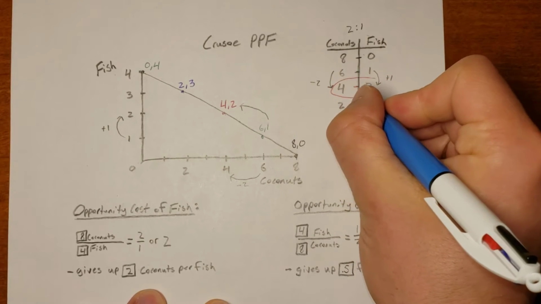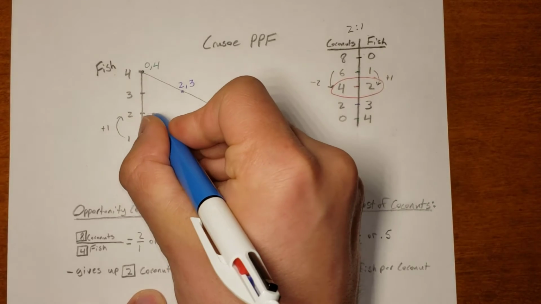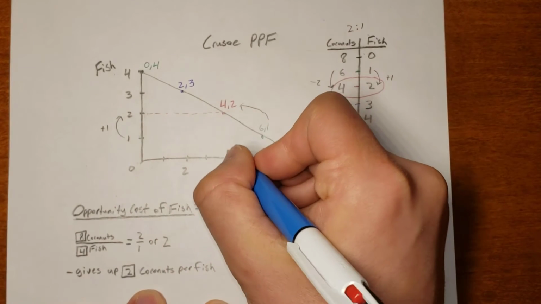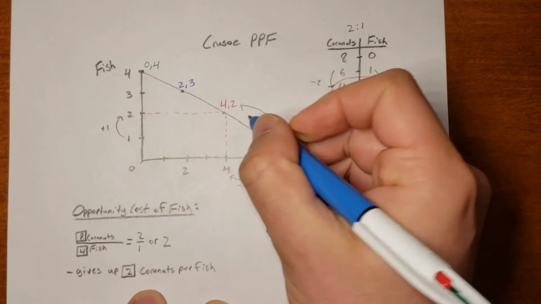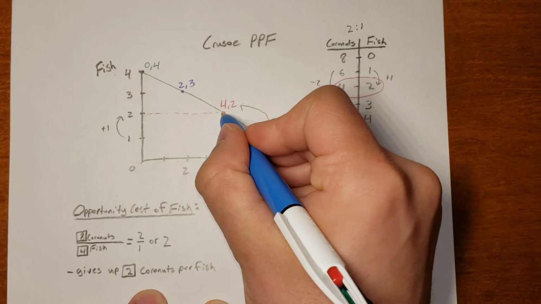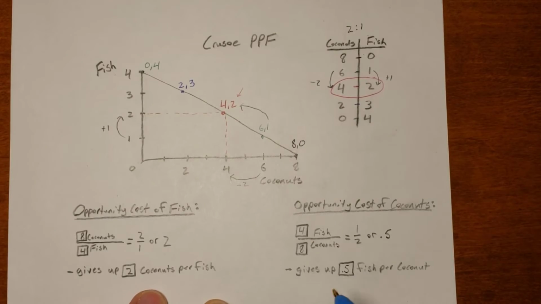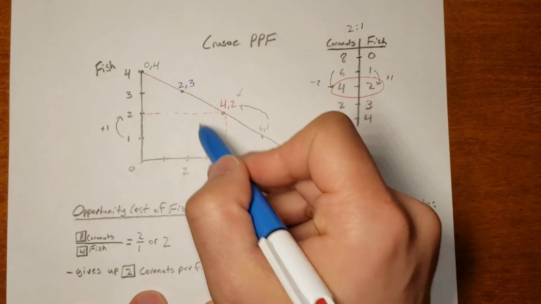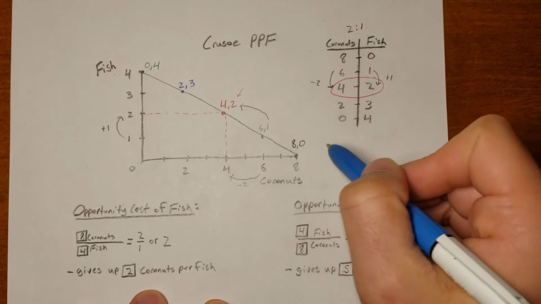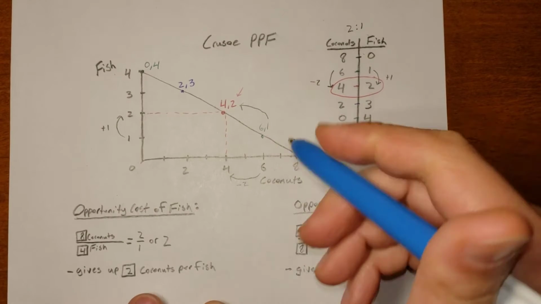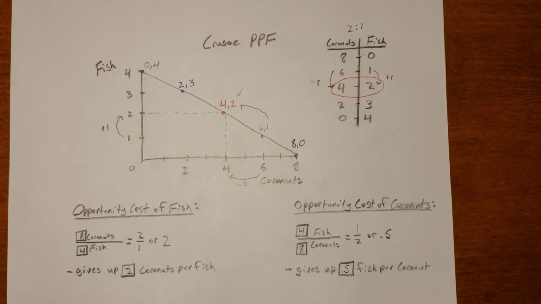Okay, he could produce there, and one might argue that he should produce there. And his production possibilities frontier might look like this. Maybe he wants to produce 1/2 and 1/2, but maybe not. Maybe he wants to produce more fish and less coconuts. Maybe he wants to produce more coconuts and less fish. But the key is that you have to understand that there's trade-offs.